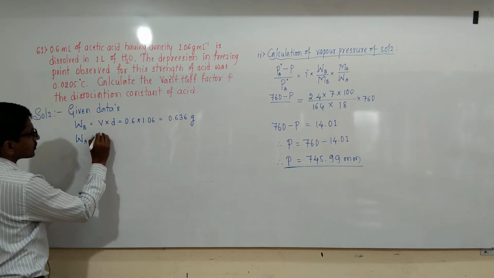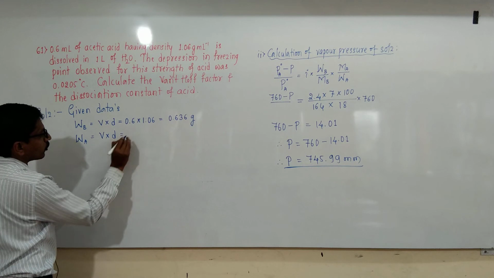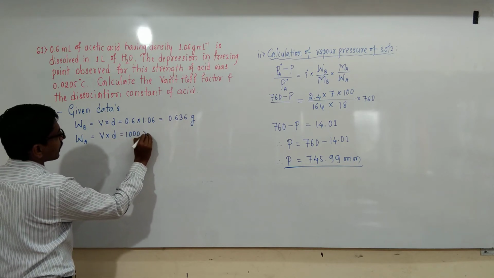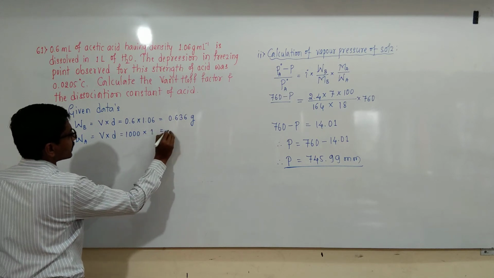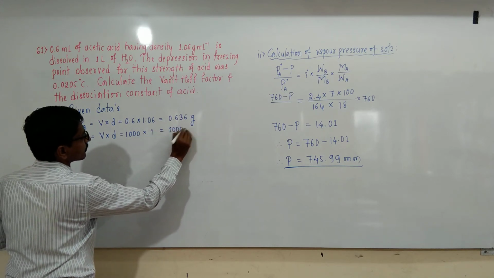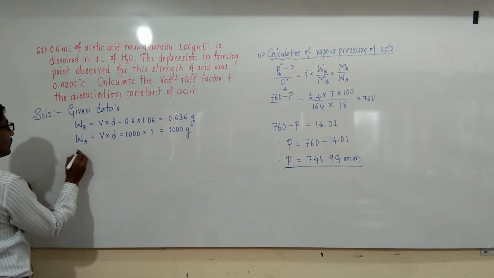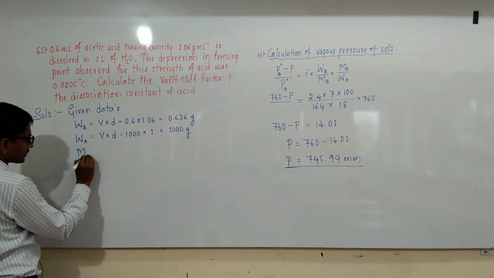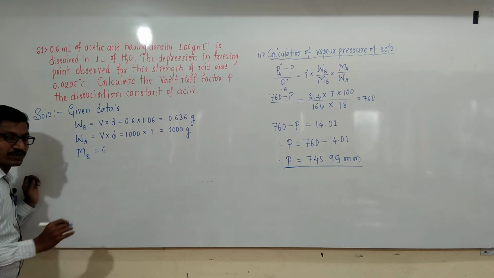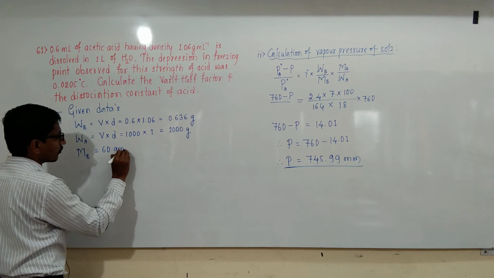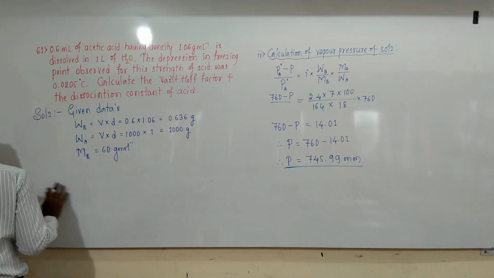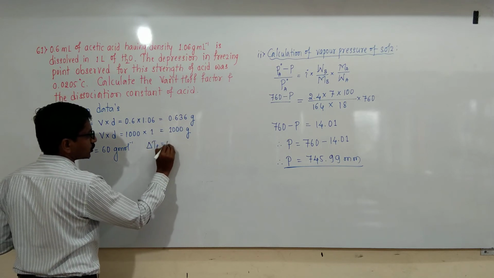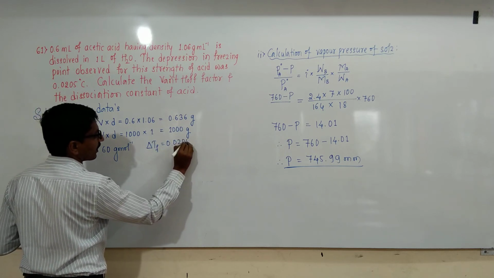Wa is also given: volume is 1 liter, that is 1000 ml, into density of water which is 1, and this is 1000 gram. Then the molar mass of acetic acid Mb is CH3COOH, that is 60 gram per mole. Then delta Tf is given, that is 0.0205 Kelvin.